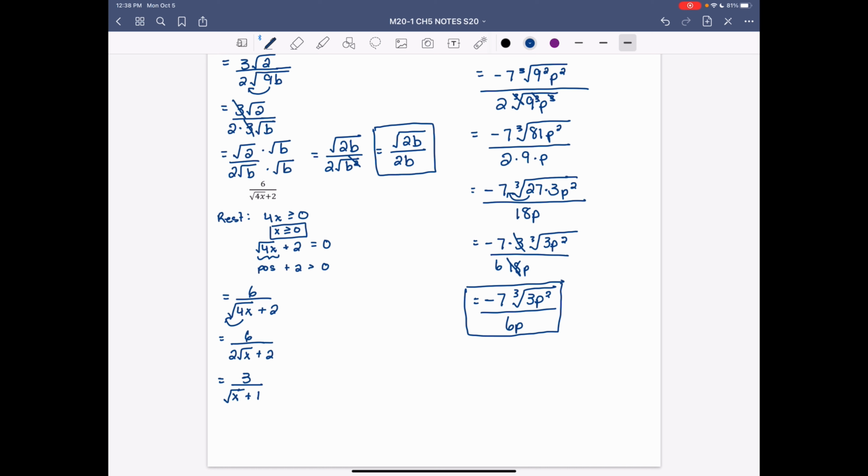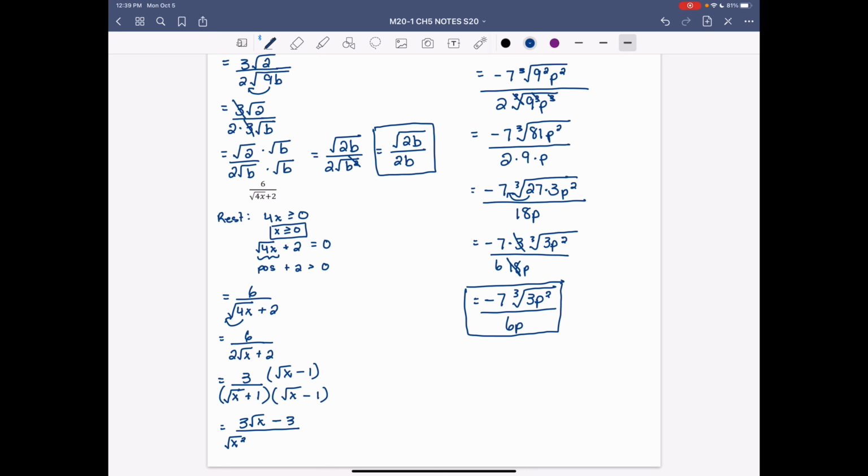Now I need to rationalize the denominator. It's a binomial denominator, so I want to multiply top and bottom by the conjugate of our denominator, root x minus 1, root x minus 1. On the top, I get 3 root x minus 3. On the bottom, root x times root x is root x squared.